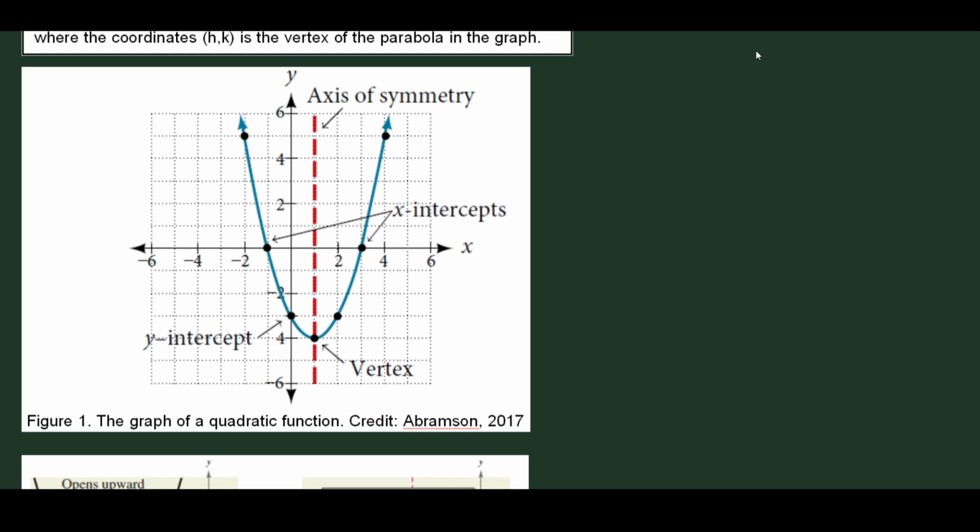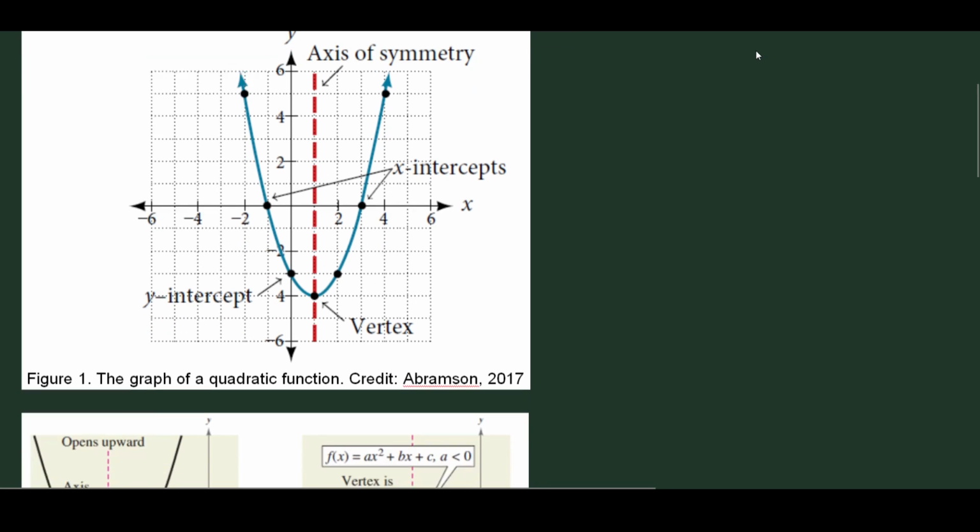And we have here an axis of symmetry, so the parabola is symmetric with respect to this line. You also have a vertex right here. You can also refer to the vertex as the turning point of a quadratic function. It intersects the axis of symmetry.